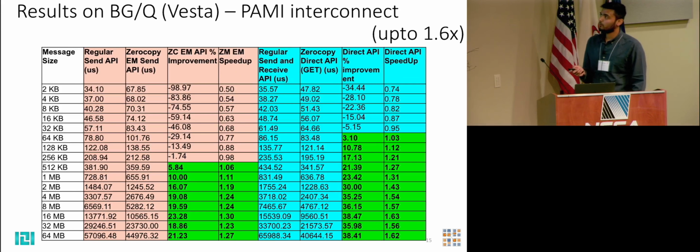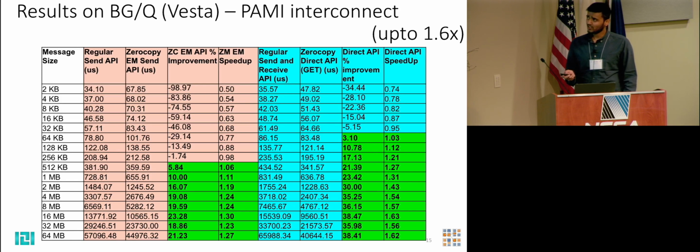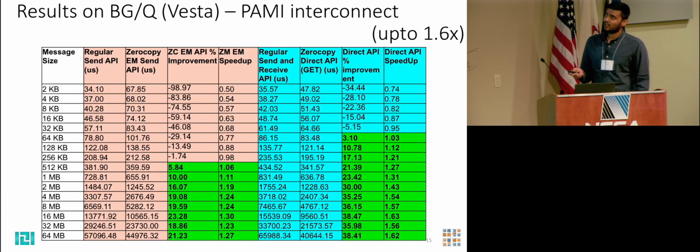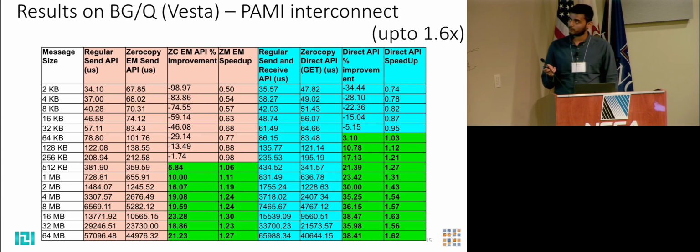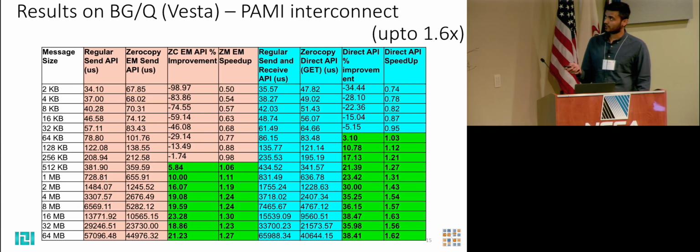This is on BGQ Vesta, which is an ALCF machine, with the PAMI interconnect. In the first four columns, I'm comparing the regular send API and the zero copy entry method send API, where there is no receiver copy that we are concerned about, and we get a speedup of up to 1.3x. This is the one-way time for ping pong, and all these times are in microseconds.